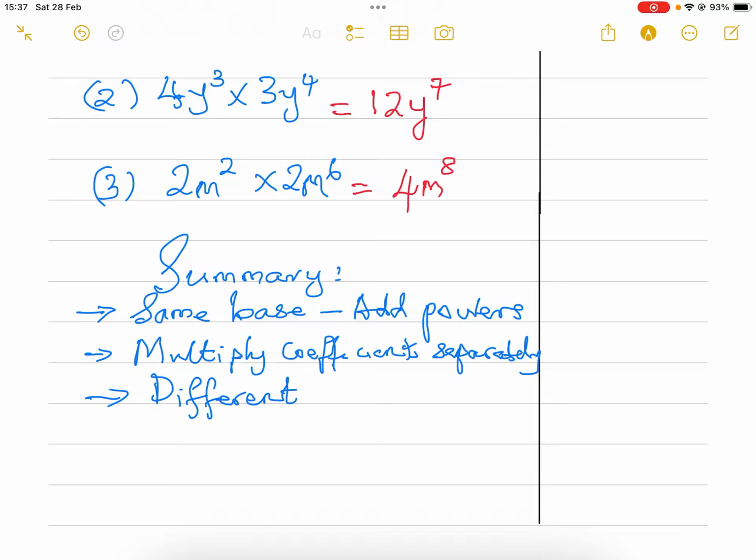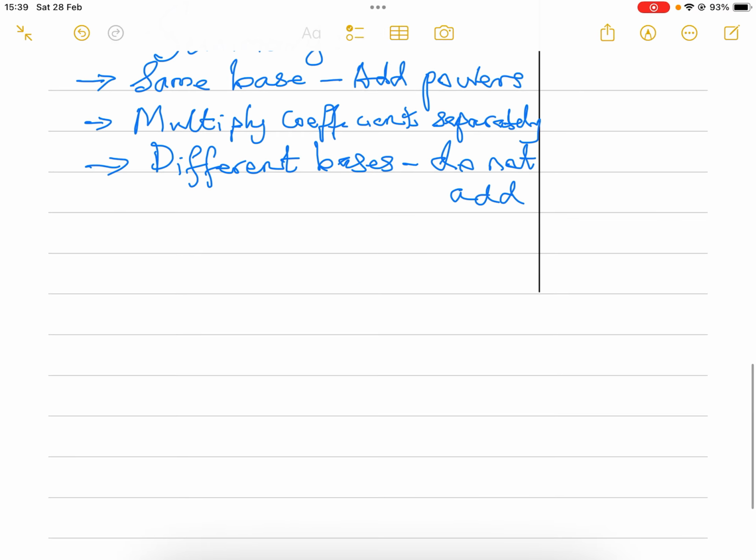And we also learned different bases do not add.